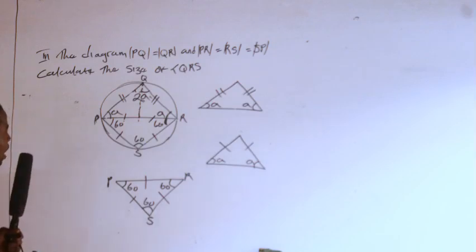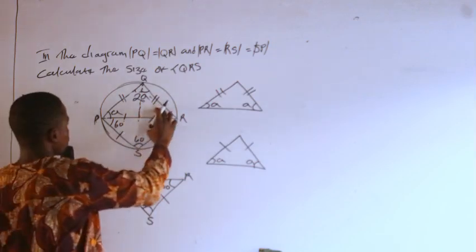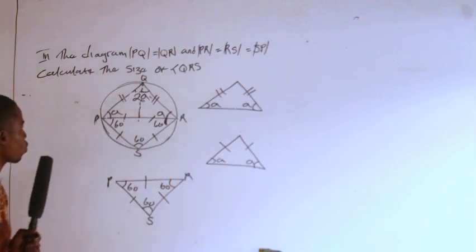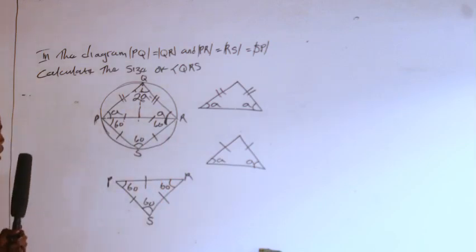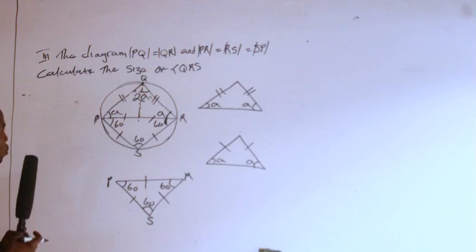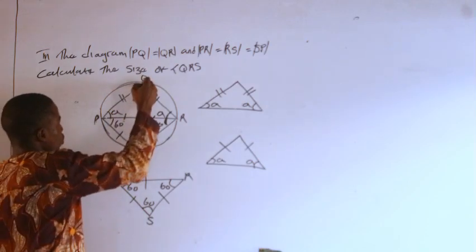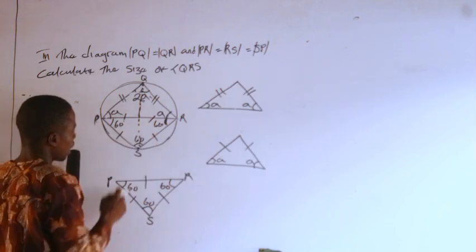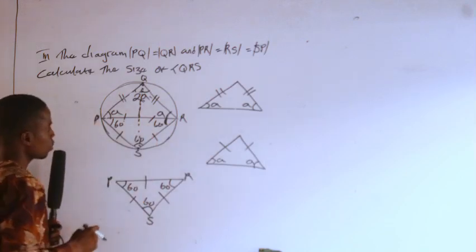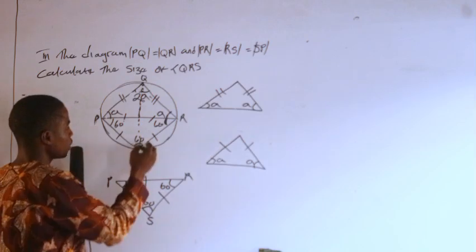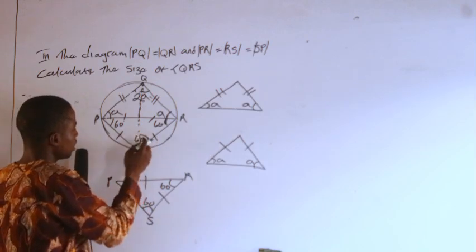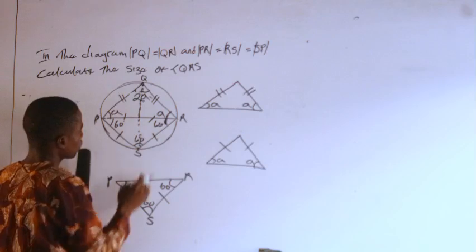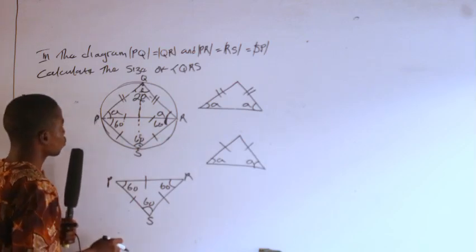They are saying that we should find the angle of this place. How can one find the angle of this place? It is very, very simple as ABC, as we already know. Let us find it like this, to this center. Can you tell me the angle of this place?